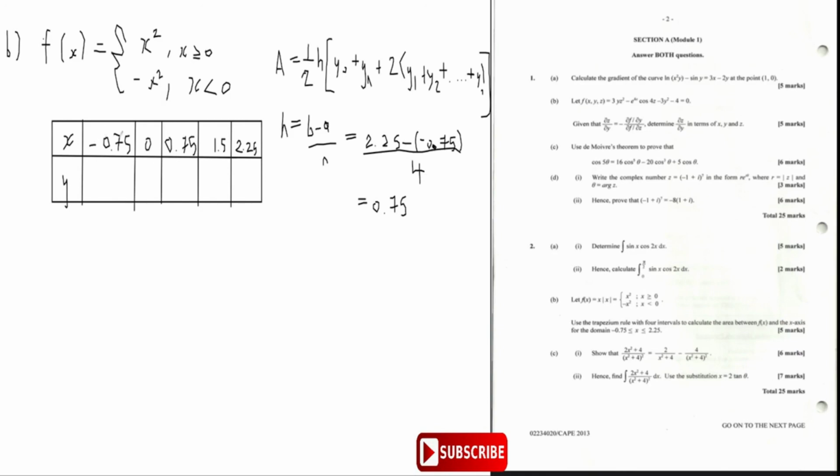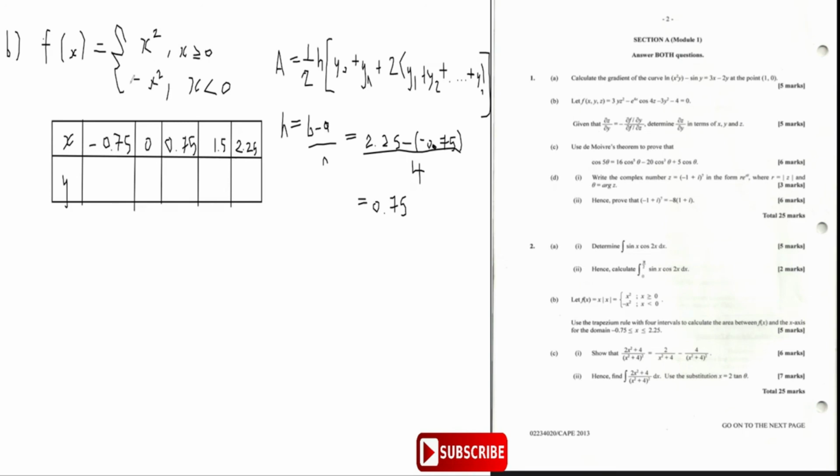When x is minus 0.75, then f of x is minus x squared because x is less than 0. So put in minus 0.75. Minus 0.75 squared, and then a negative is in front of it.